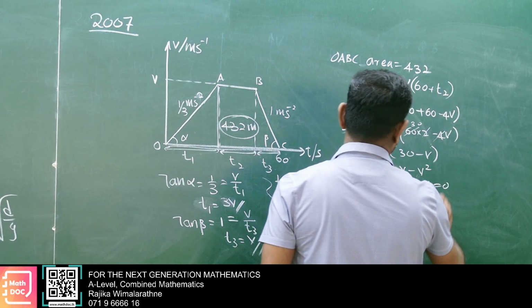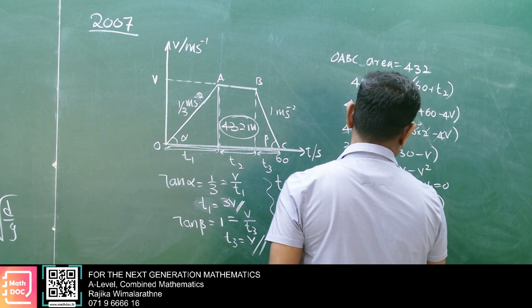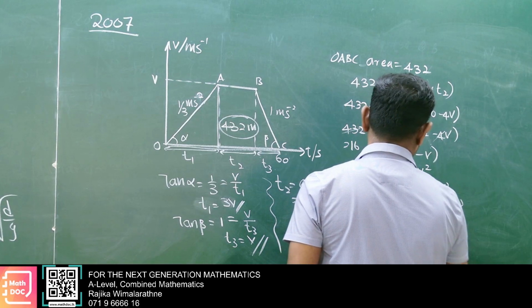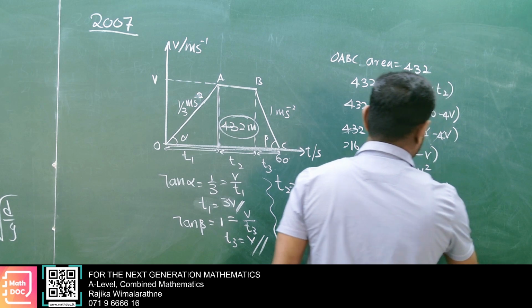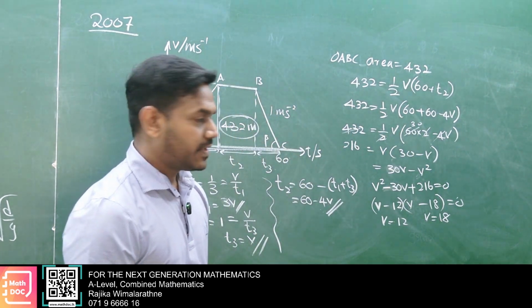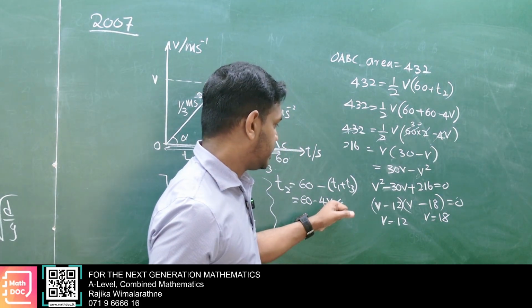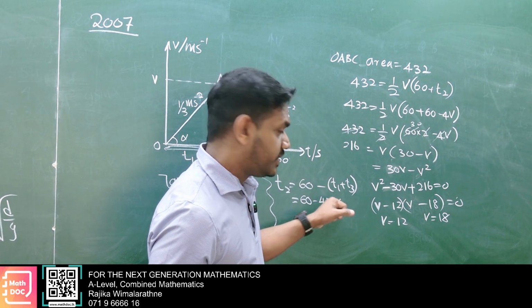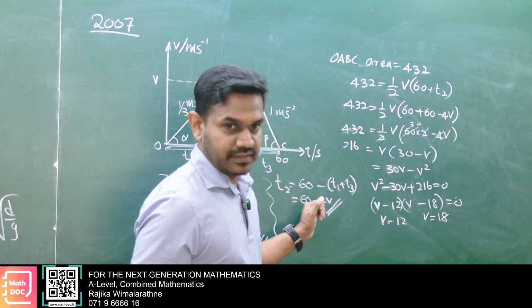Then factorize this. We have two possibilities for v: 18 and 12. v equals 12, v equals 18. We have two possible values for v. But when you consider the value 18, putting 18 times 4, it is greater than 60. Then the constant velocity time becomes negative.